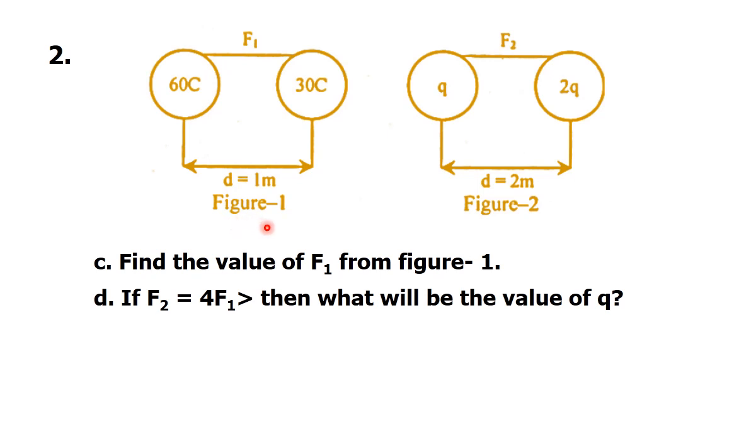Now question number 2. You can see over the figure there are two figures. In the first figure, two charges 60 coulomb and 30 coulomb are given, and the distance between the two charges is 1 meter, and we have to calculate the value of F1 in question C. In the second figure, there are two charges, the first charge is Q and the second charge is 2Q, the existing force between the two charges is F2, and the distance between Q and 2Q is 2 meter.